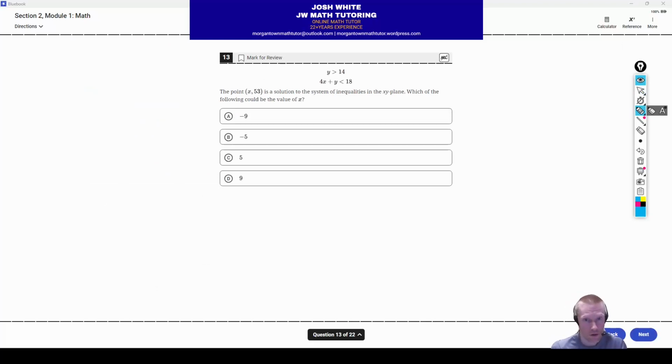All right, in question number 13, here we have a system of linear inequalities, and they give you a point where they give you the y-coordinate, but they don't tell you the x-coordinate, and they want to know what could the x-coordinate be, which is a solution to this. So, first way you could do this is you could just take the y-coordinate and plug it into the second inequality, because that's the only one that has an x in it.